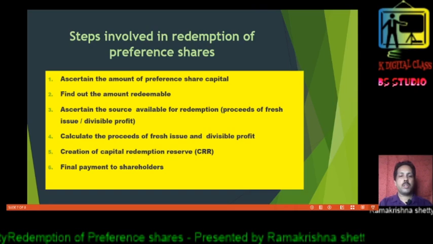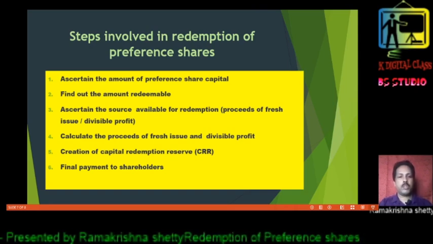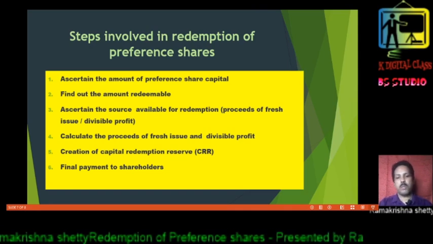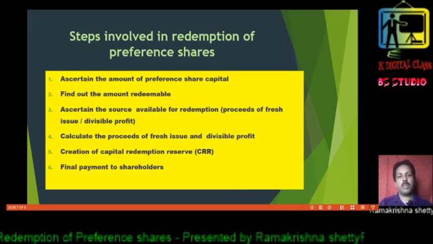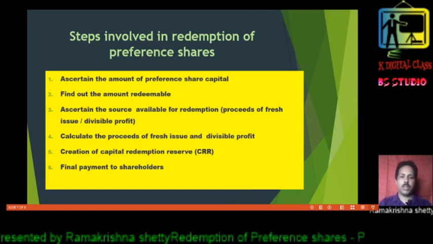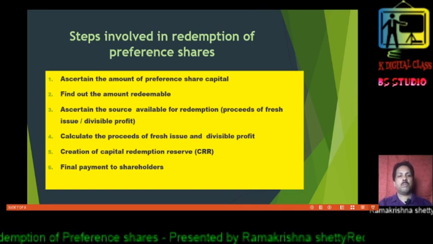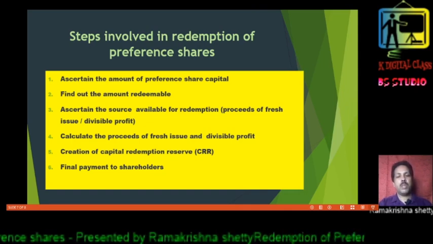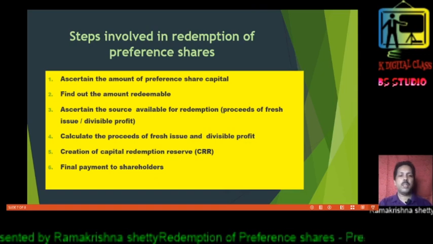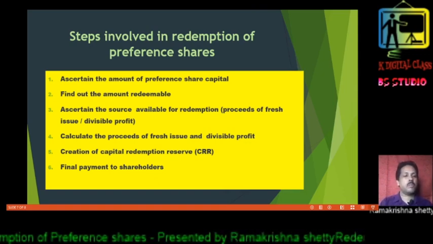Fifth point, creation of capital redemption reserve. Capital redemption reserve is to be created at the time of redemption of preference shares out of divisible profit. The amount equivalent to the amount utilized from divisible profit is to be transferred to CRR account. And premium on redemption, in case payable, is to be calculated and the amount provided for premium on redemption.